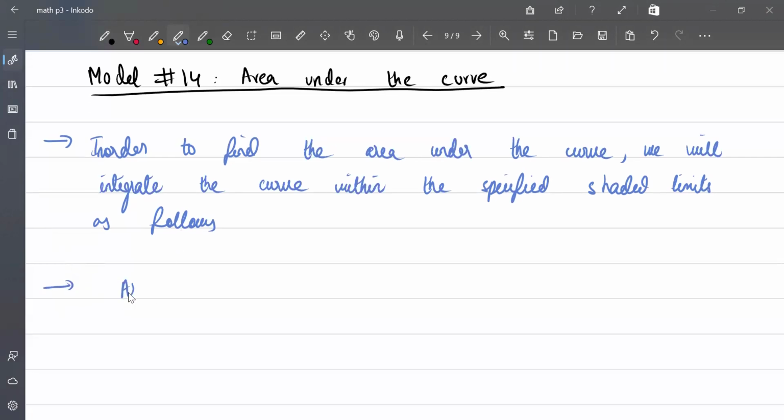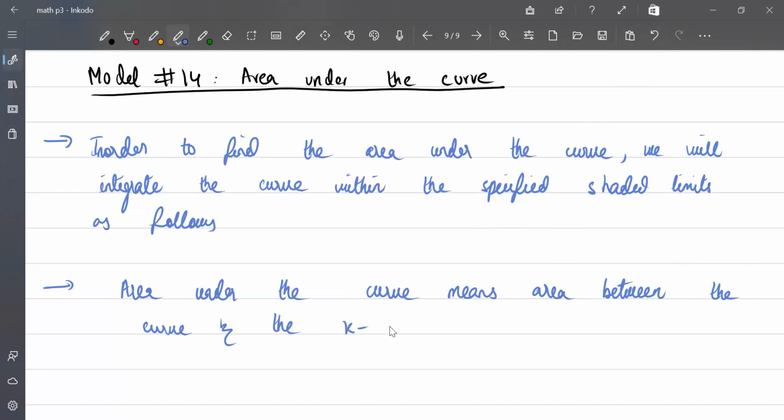And just a reminder, area under the curve means the area between the curve and the x-axis.